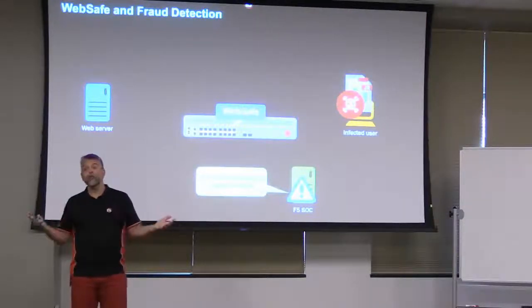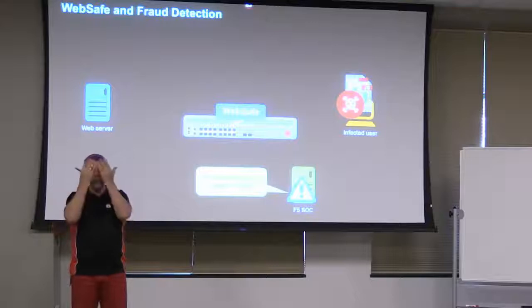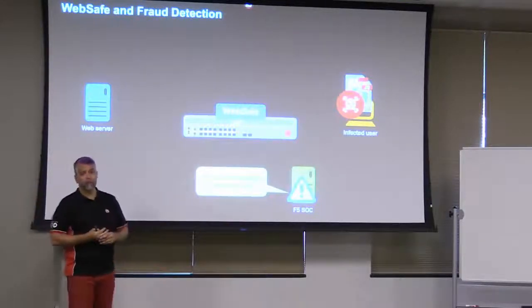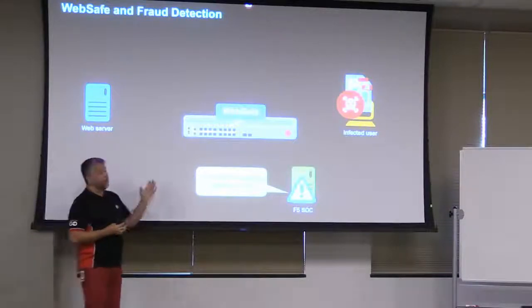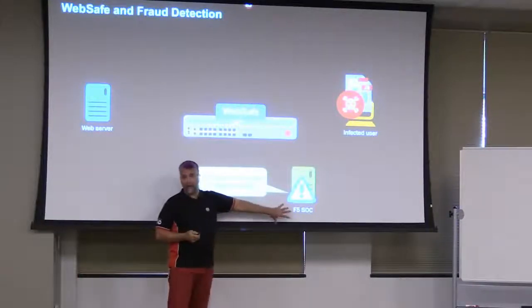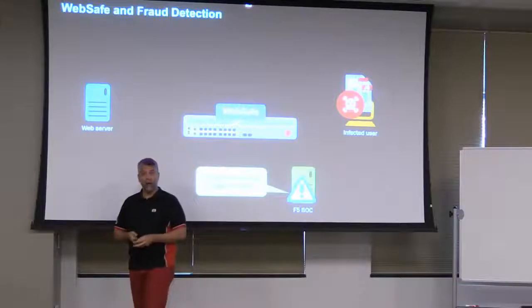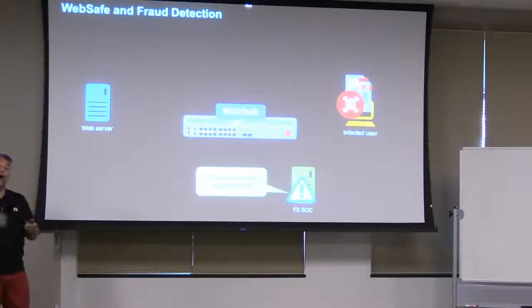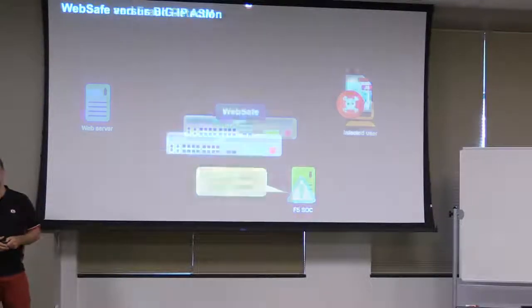They can either have full visibility or they can just be blind and have no idea who's infected. So if they want to have full visibility, it's still a huge benefit to have WebSafe and the SOC on their side. So that's a brief idea of how WebSafe does what it does.